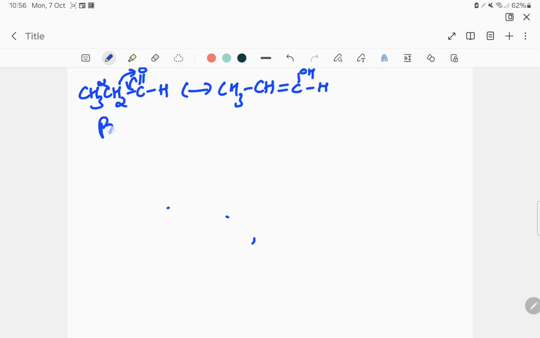And this will be propenol, and its IUPAC name will be, with numbering 1, 2, and 3, prop-1-en-1-ol. Both of these are going to be tautomers of each other.